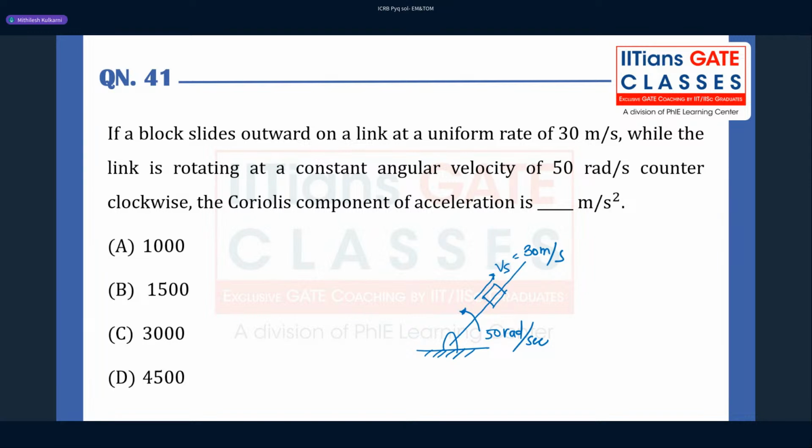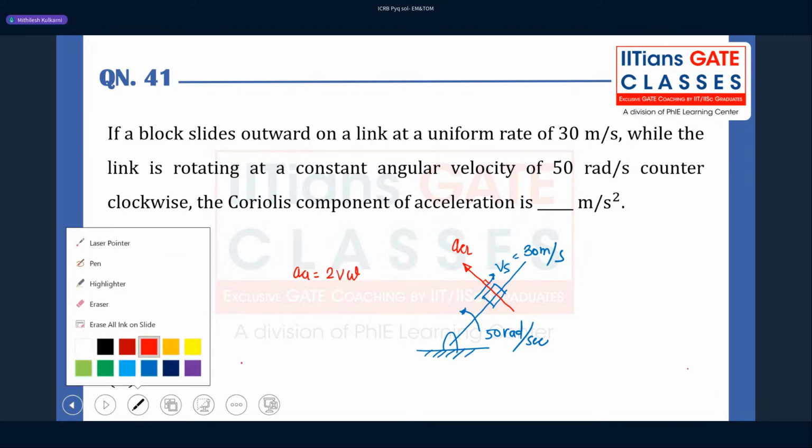The Coriolis component of the acceleration is in the direction obtained by rotating the linear velocity vector in the direction of the angular velocity vector by 90 degrees. So if we rotate this line by 90 degrees in the counterclockwise direction, this is our Coriolis component of the acceleration. It is given by 2 into v into omega.